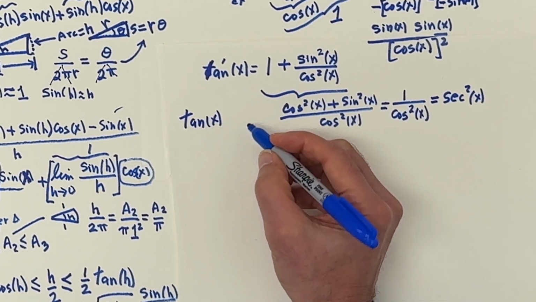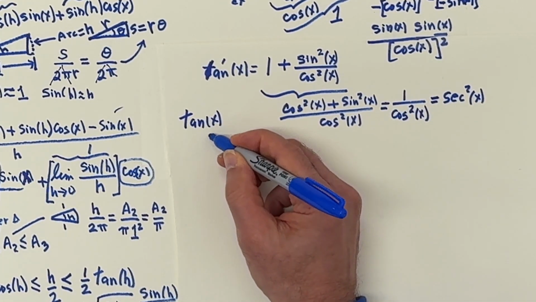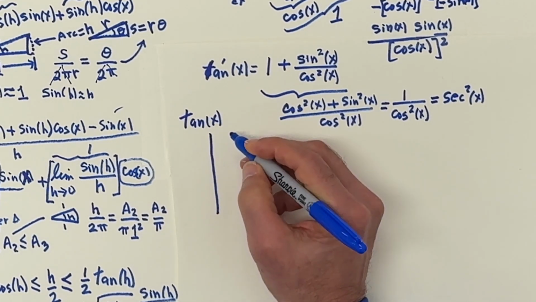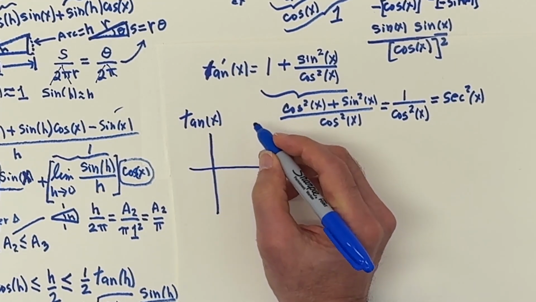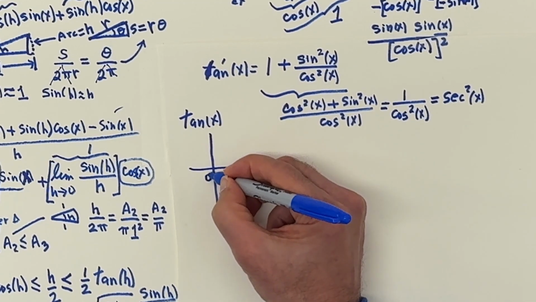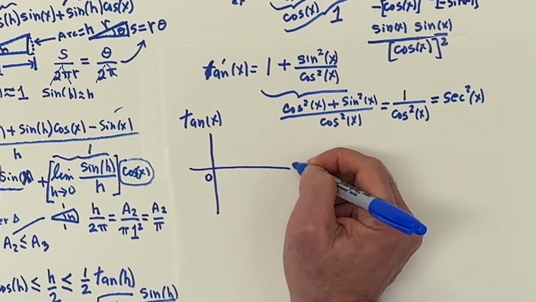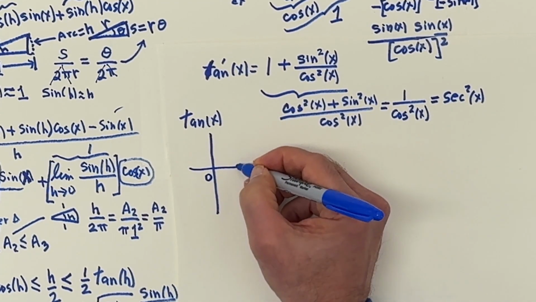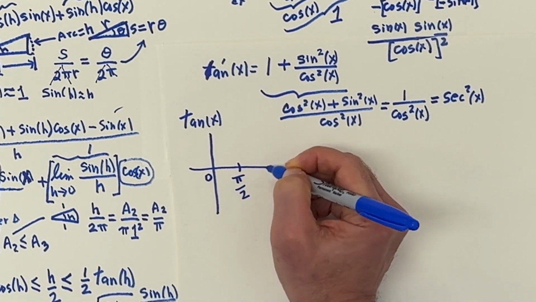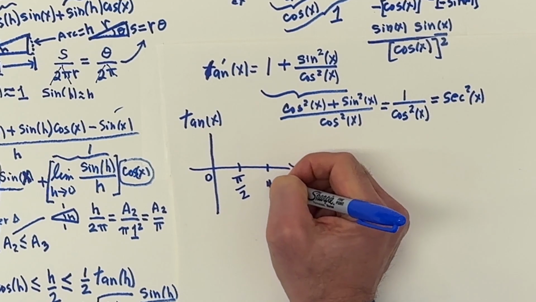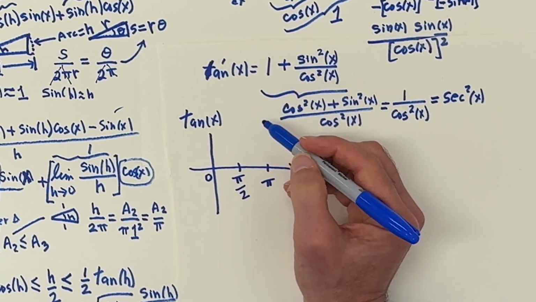All right. Well, for the tangent of x, let's put here some axis. And this is 0. This is the x-axis here. Okay, so this is 0. And we'll have somewhere here a pi over 2. And we'll have a pi. So let's just do some of the sketching.